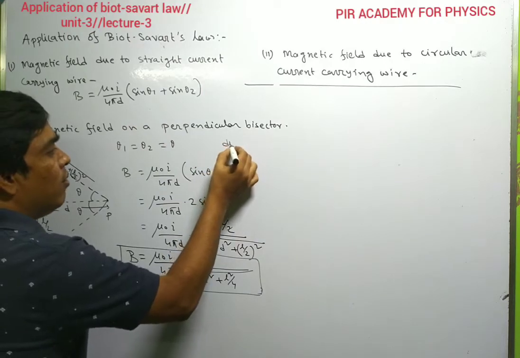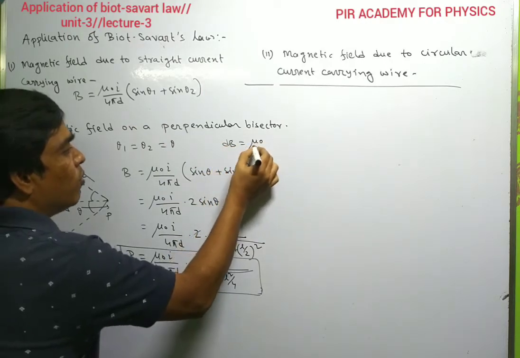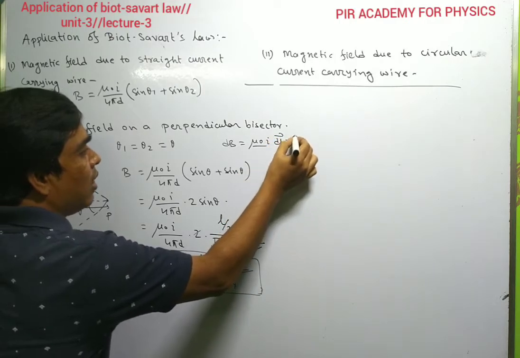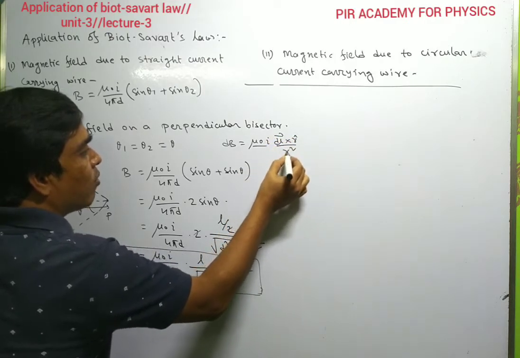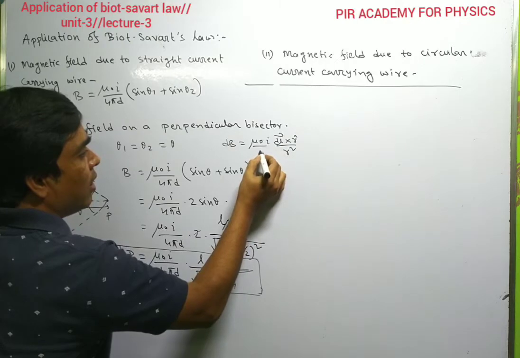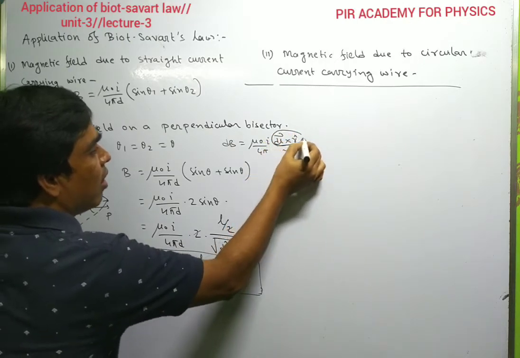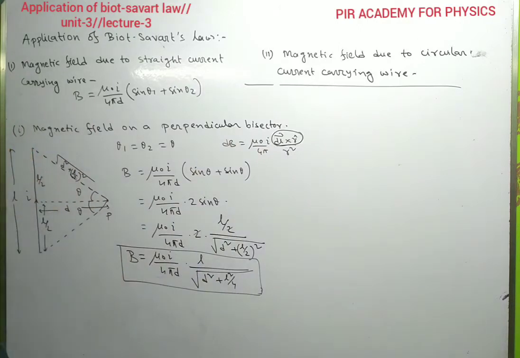The formula is dB equals mu 0 I dl cross r unit vector by r square divided by 4 pi. So using this cross product, you can calculate the direction of this magnetic field.